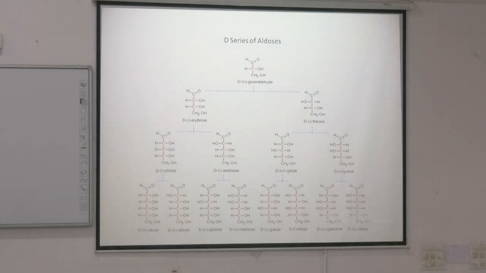Here you find out. There are so many important ones. The important ones are glucose and mannose, epimers at C2, glucose and galactose, epimers at C4.